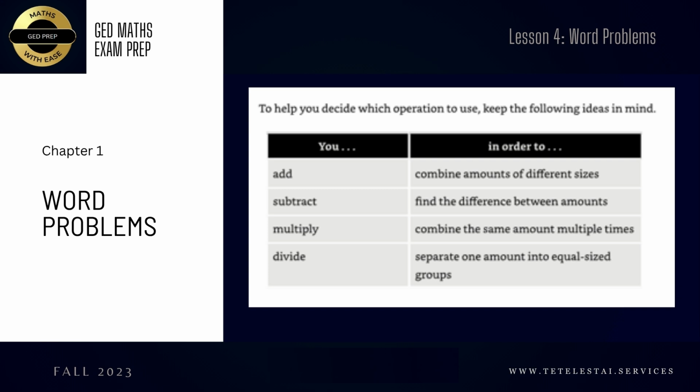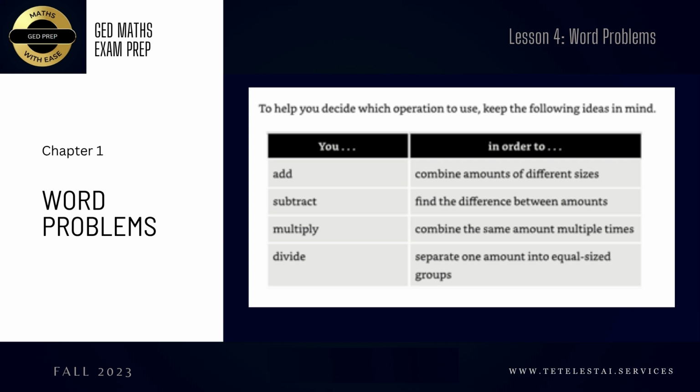So this is a helpful way to order the operations that you need to use, right? If the question is asking you to combine amounts of different sizes, you know that you need to add, right?